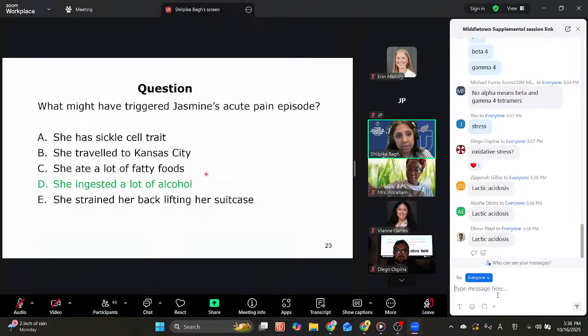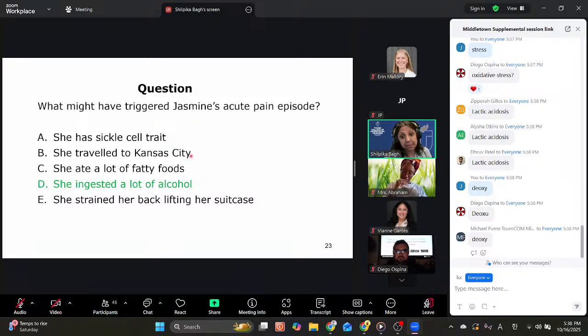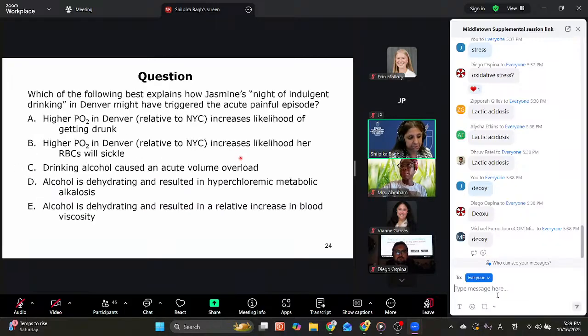Oxy sickle cell or deoxy sickle cell? Any of these factors favor deoxysickle, and deoxysickle aggregates and precipitates. So that is why Jasmine consumed that, and she had precipitation of attacks.